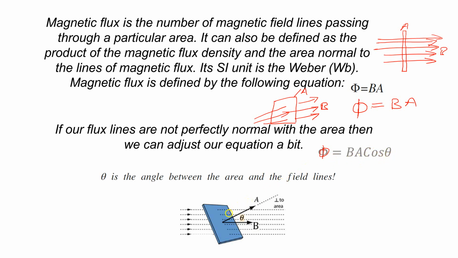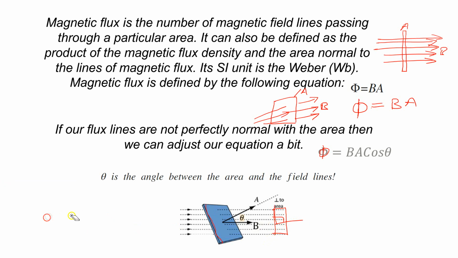If this thing is positioned like this, then the area is not perpendicular to the magnetic field lines. Perpendicular would mean it was at 90 degrees to the magnetic field lines, but that's not the case.